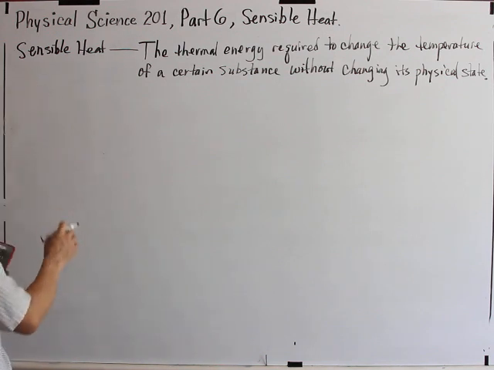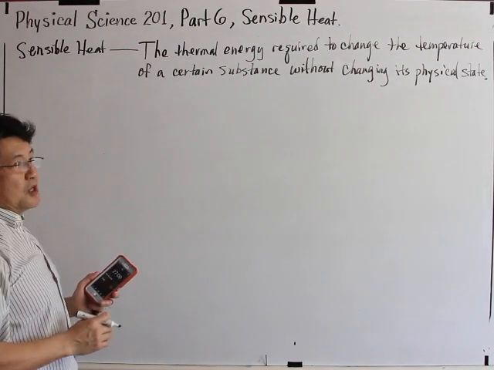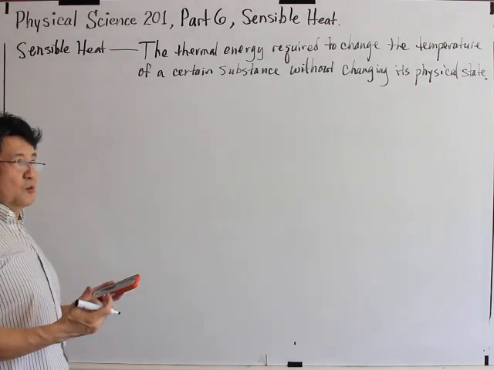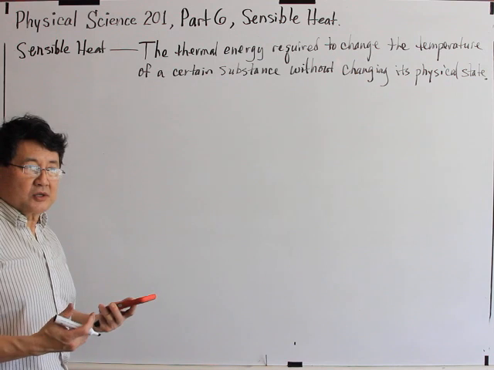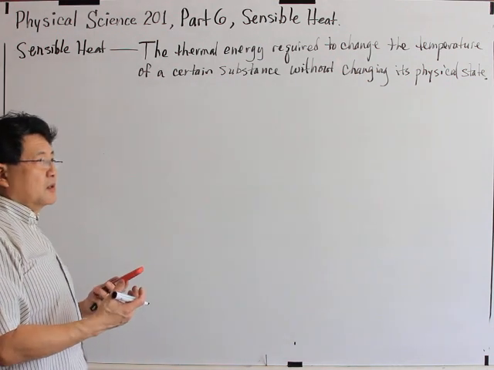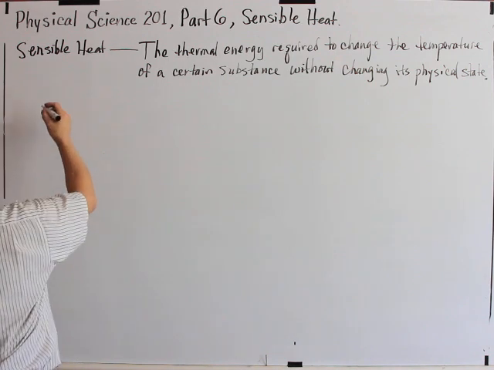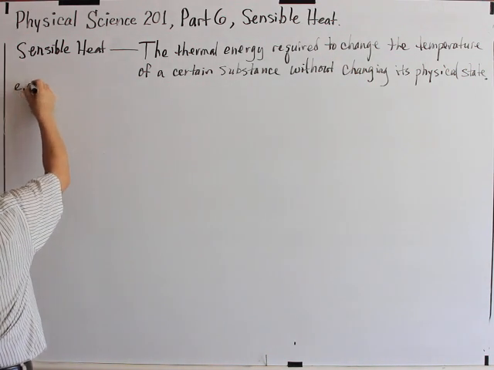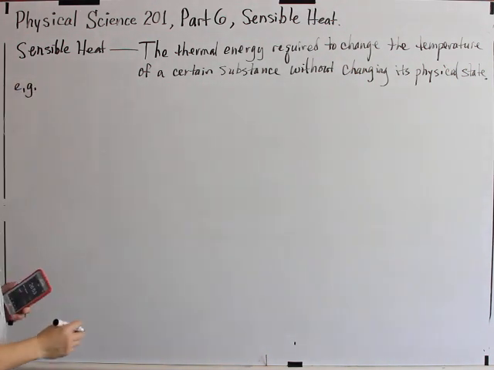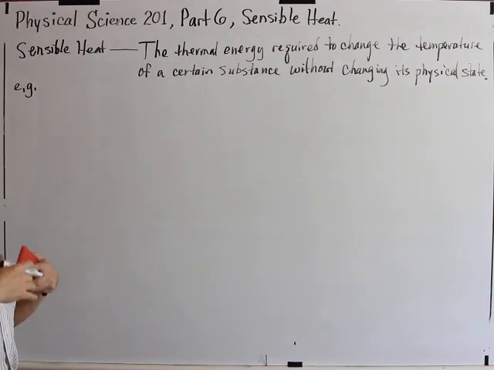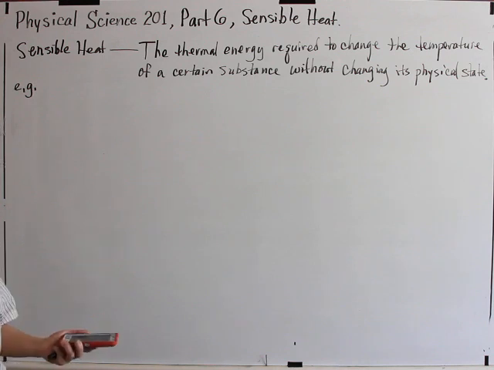Now, what sensible means: temperature change can be measured or sensed with the instrument we call a thermometer. So that is where the term sensible comes from. Now let's see if we are able to use the sensible heat to solve some problem about the amount of energy required to do the temperature change on certain substances. How much would it be?